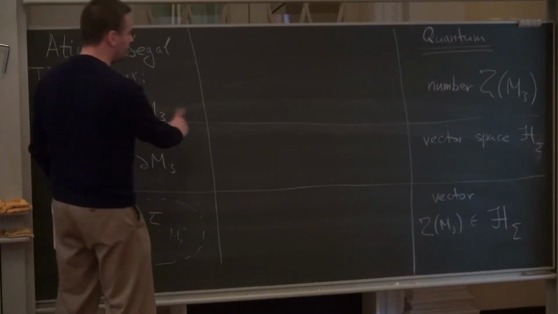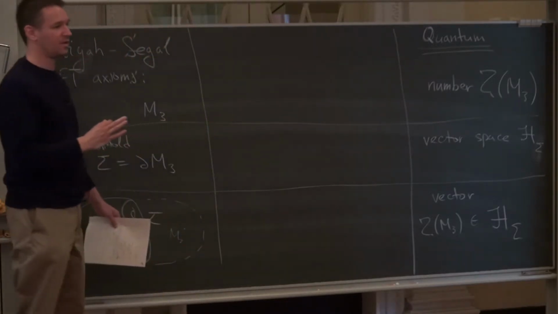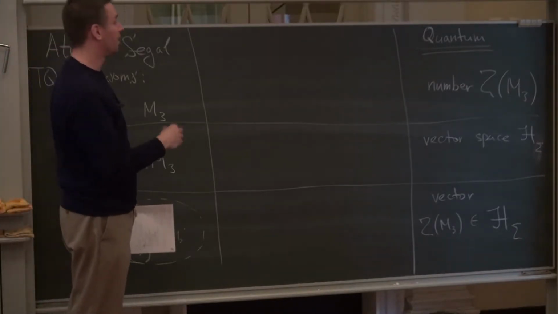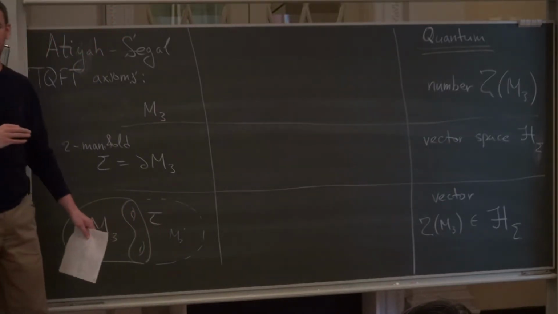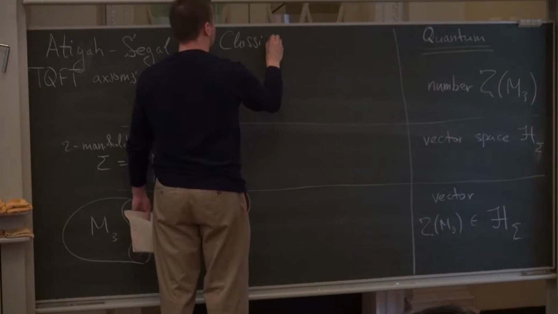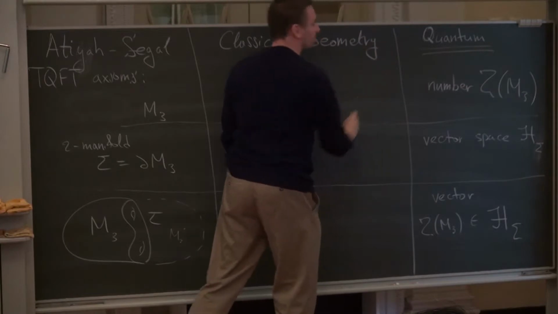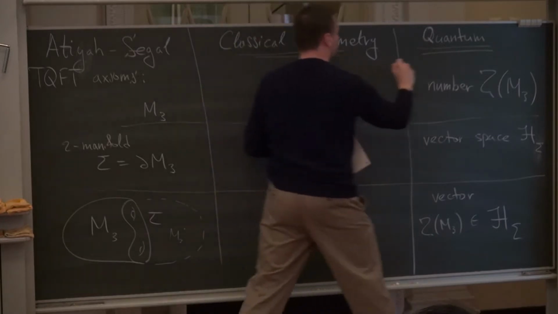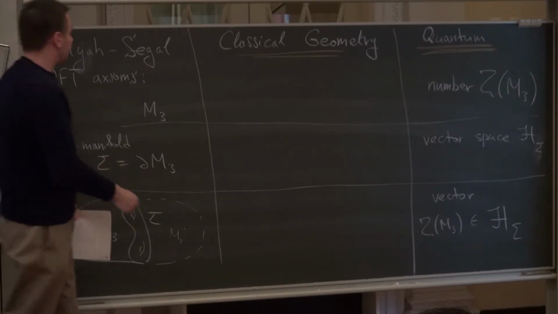But luckily, this functor Z factors through something else. In most of the familiar TQFTs, in Donaldson-Witten theory that you discussed with Marcos, in Chern-Simons theory that we're discussing now, there is always an intermediate stage. And luckily, it goes through something classical, in fact, through classical geometry. There is always a nice geometric object involved at an intermediate stage in this dictionary before you land in the quantum world.